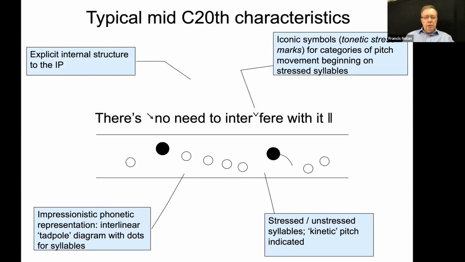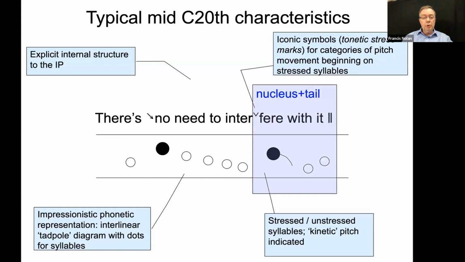And the British School gave an explicit structure to the intonational phrase. I'll talk about intonational phrases because that's the current term, though in the 20th century there are various terms such as breath group and tone unit. So at the end there was the nucleus, often described as nucleus plus tail, so there's some difference as to whether the nucleus is just the final accented syllable or the syllables which follow it, which otherwise are called the tail.